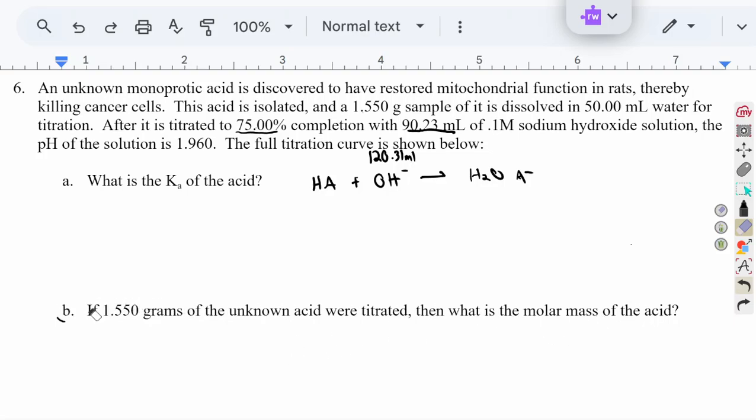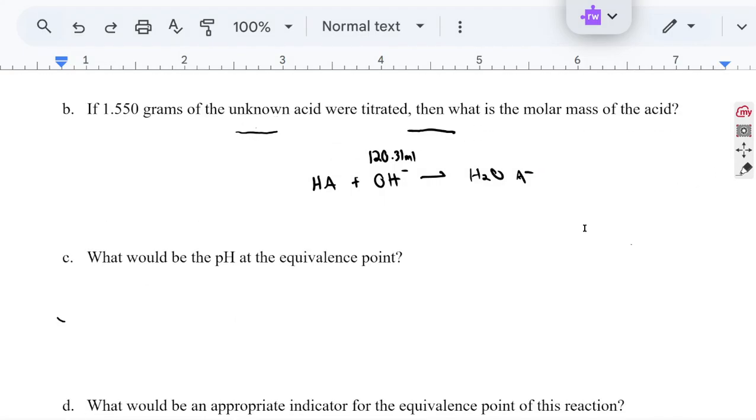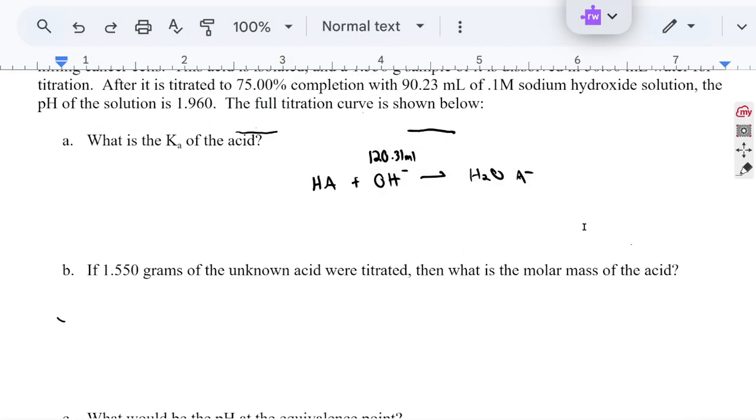Okay, so we're going to keep all of this stuff in mind up here. Let's write down, before we move, our total volume, because the next question is, what would the pH be at the equivalence point?